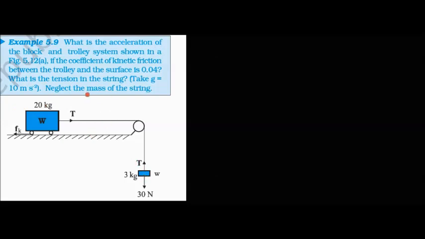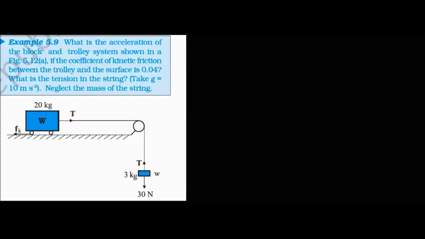And if the mass of the string is not negligible and it is not inextensible, the tension developed in the string will be different. So in this particular problem, we are assuming that the tension is the same throughout and the acceleration is the same for these two objects.